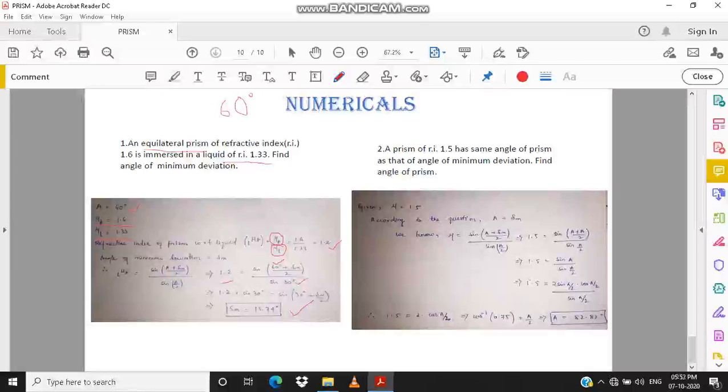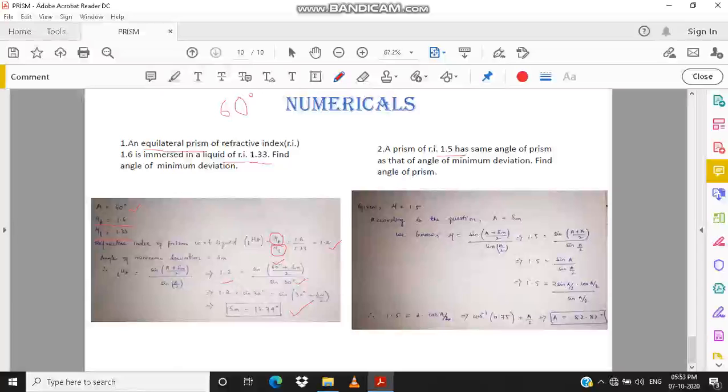Now coming to the second question. The question is: a prism of refractive index 1.5 has the same angle of prism as its angle of minimum deviation. Then find the angle of prism.